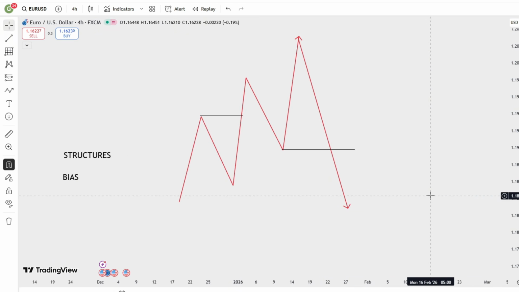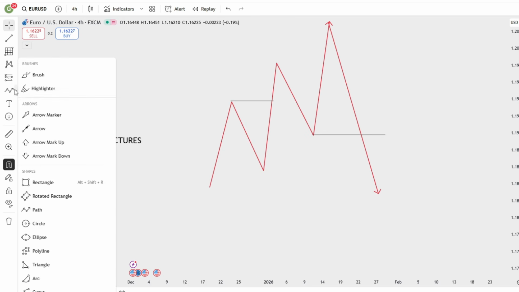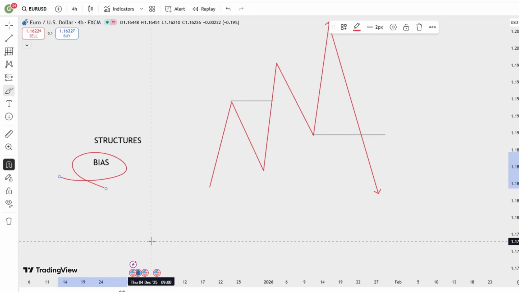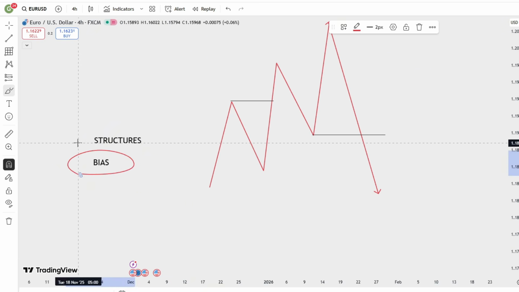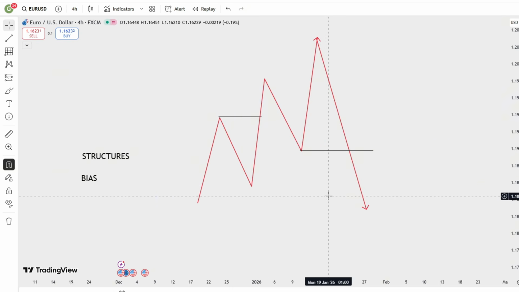And not quite. Remember, all the market moves from a liquidity point to another liquidity point. And this is the bias, but I will talk later. You need to have the structure to understand the bias correctly.